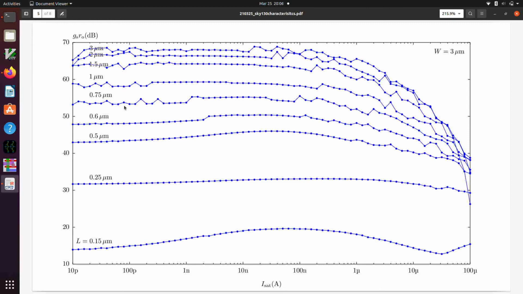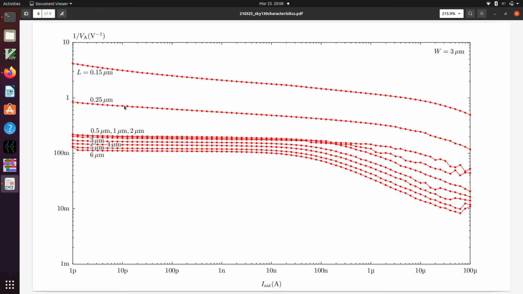So another measure of how flat the output characteristic is, is what I'm calling 1 over the early voltage. This actually works out to be the per unit increase in current in the saturation region per volt. So it's per unit increase in current per volt, and that turns out to be 1 over the early voltage.